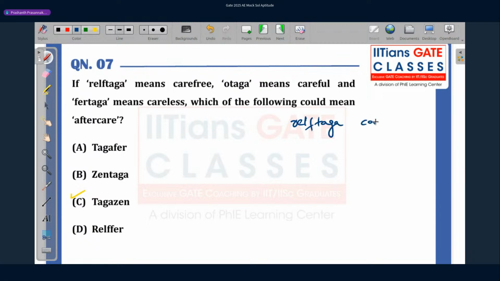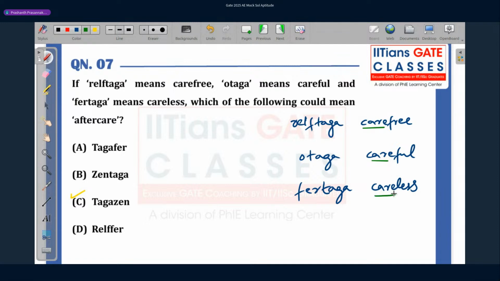Ralph Taga is carefree, Utaga is careful, Fortaga is careless. So in all three words, this care part is the same. So in the encoding part, we look for the similar one.